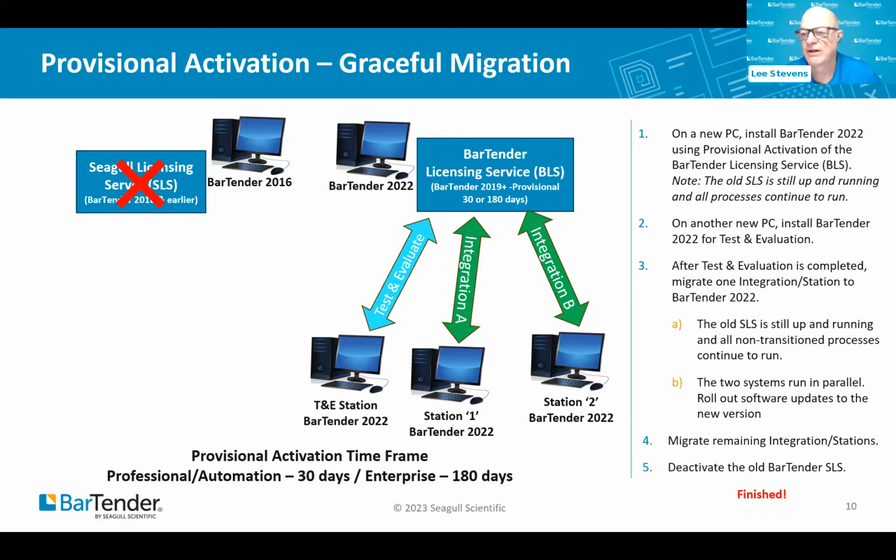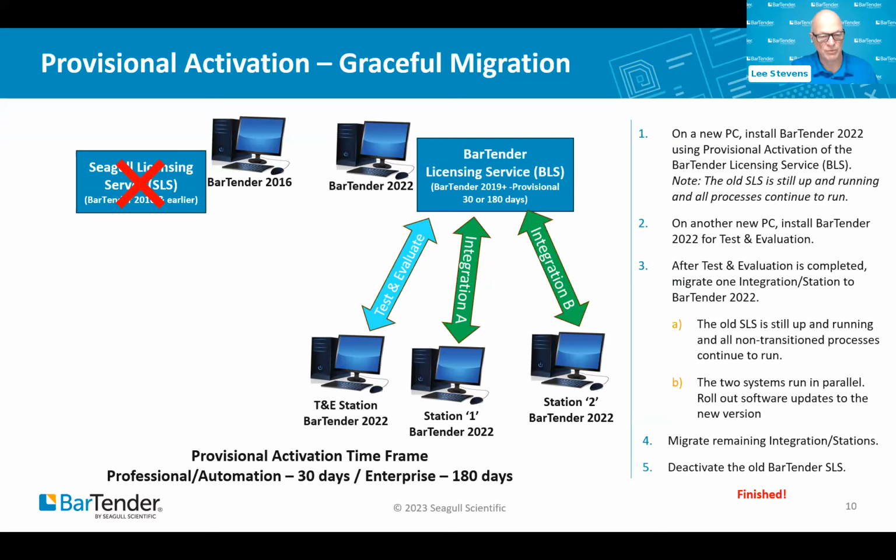I do see a question. What does the actual move of the individual PCs look like? So BarTender, when you install a new BarTender, it installs straight over the top of the old one. That's why you want to migrate these one at a time. Probably best practice is to always be moving to a new machine. Again, you've got probably old obsolete OSs on the old machines.